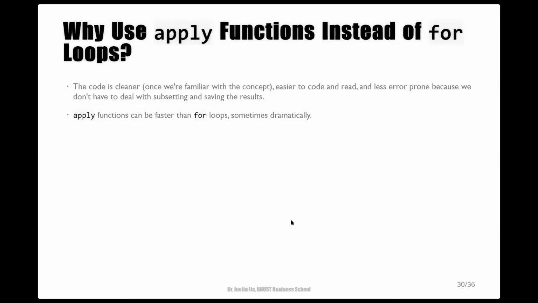So in R, we should use loop functions over explicit loops as much as possible, as they lead to cleaner and easier to read code. Besides, apply functions can be faster than for loops, sometimes dramatically.